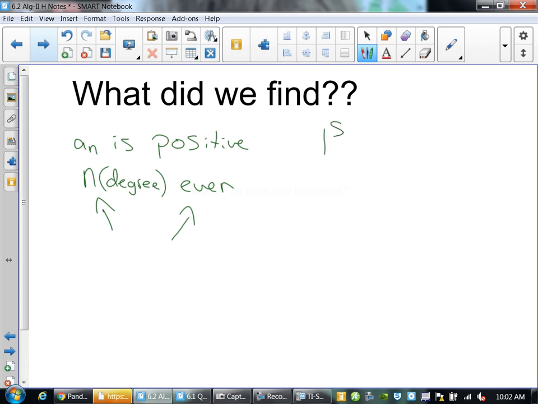If the first term is negative, and n, our degree, is even, which way is it pointing? Down. So what this allows you to do is, no matter what weird polynomial you get, you always know a part of the graph. You know what's happening at the ends. It'll always work.